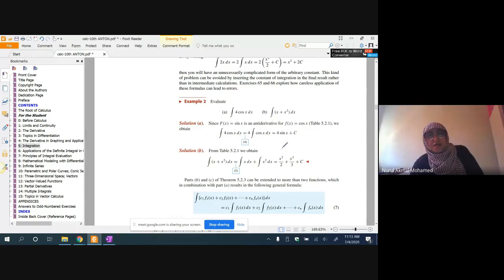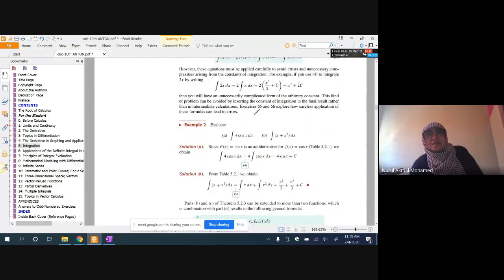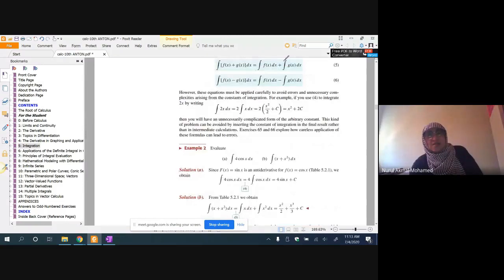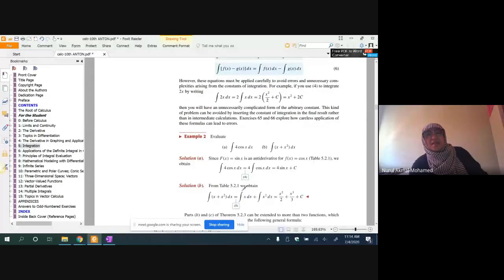And then for this one, x plus x squared. Based on this formula, you can segregate. You can split into two integrals. One is integration of x, another is integration of x squared. So you use power rules.